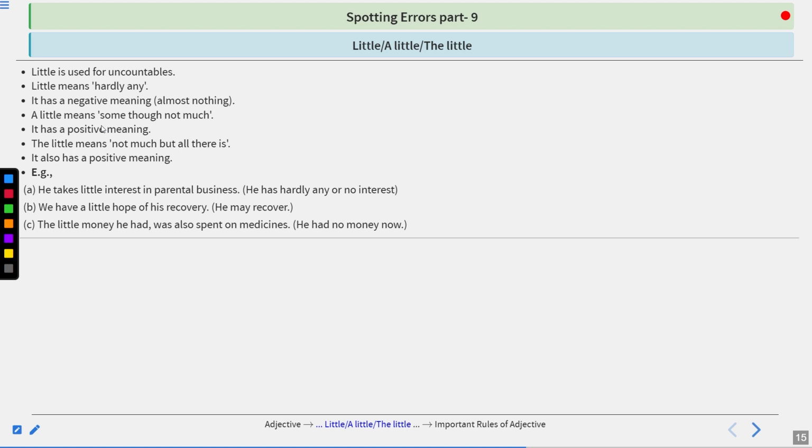It means he had spent all the money. And money has become definite as well because we have used the before it. That's why the phrase becomes the little.